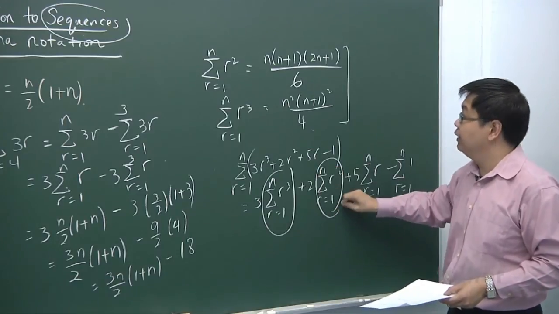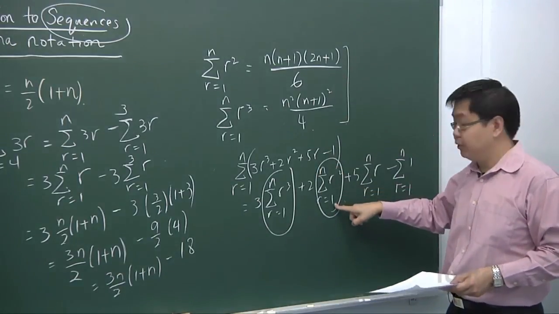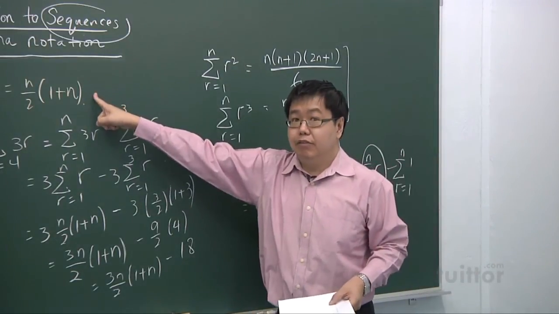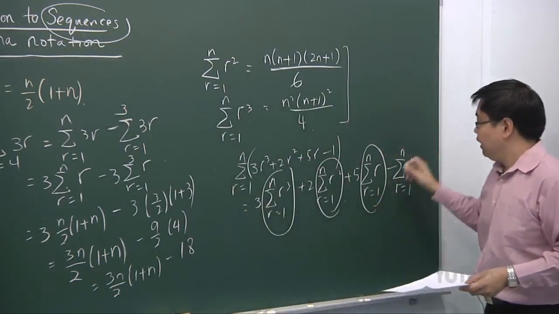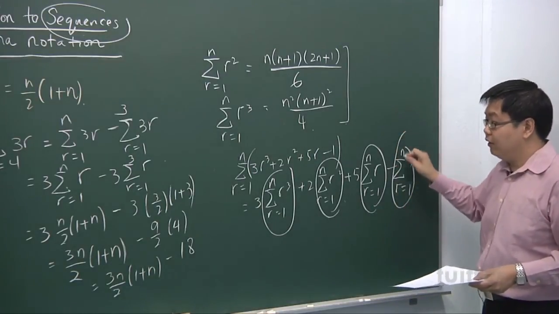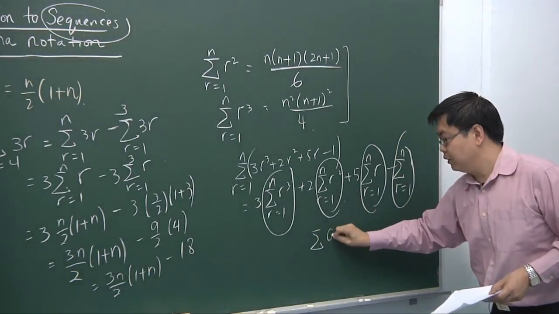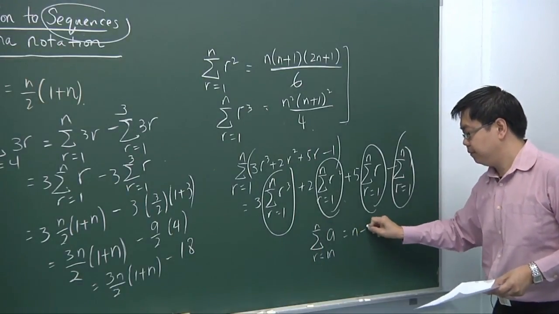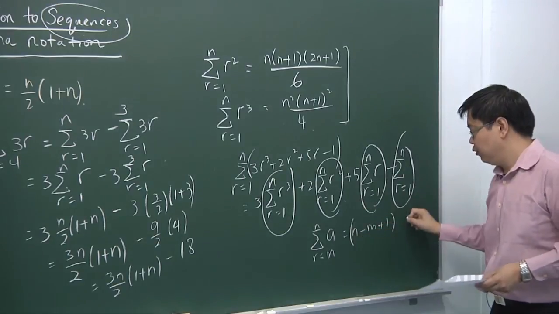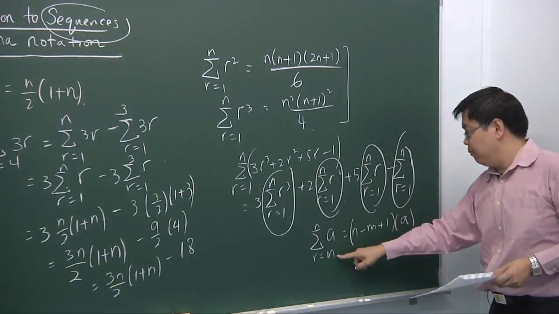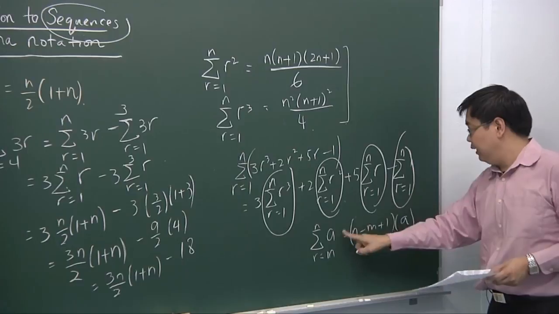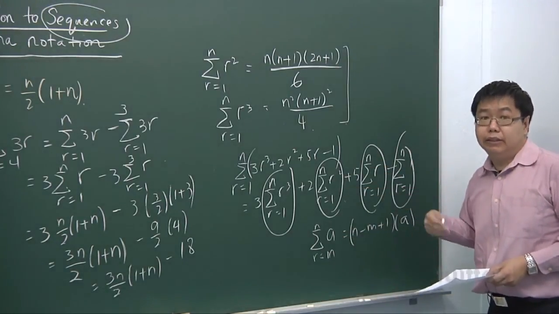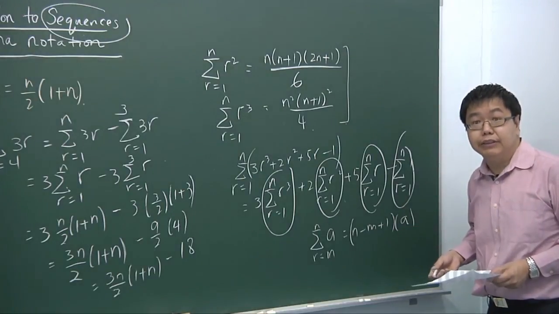For the second one, you can apply this second formula, substitute inside. And for the third one, you can apply this formula inside. And for the last one, remember the constant formula. You can also use the constant formula to apply, except that your m in this case will be 1 and your a in this case is also 1. Okay, so that will actually go through the introduction to the sigma notation. Okay, thank you.